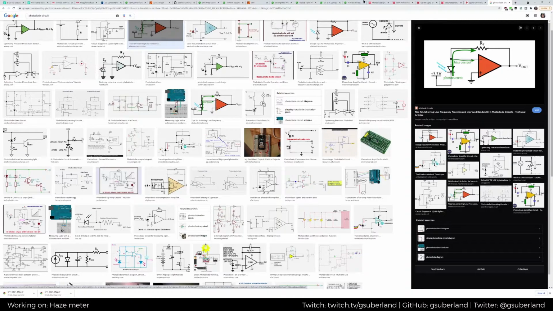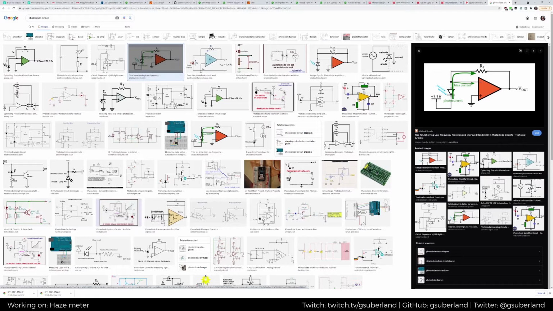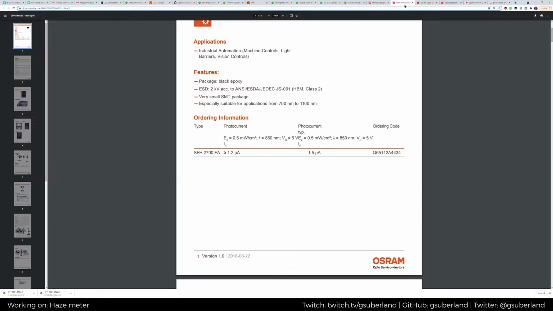But yes, that seems doable. I'm going to have to look at some design guides because I know that this is quite well tied into the specifics of the photodiode, like how much bias current you want and all of that.